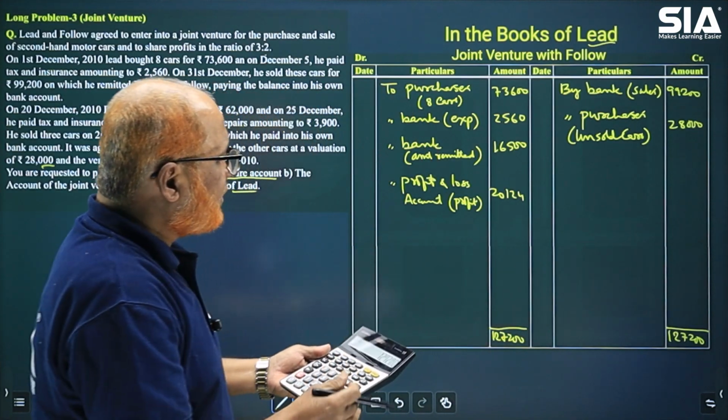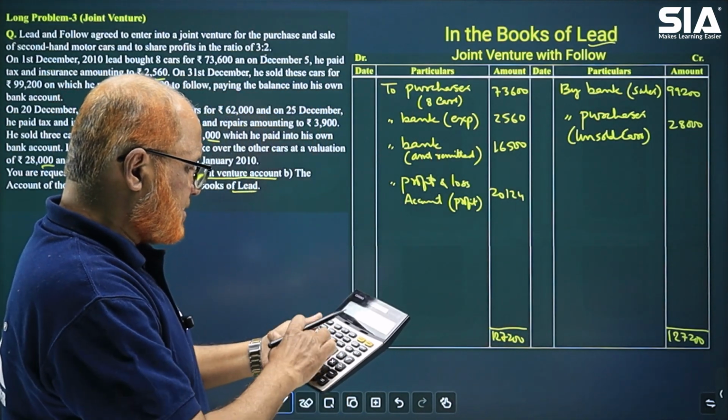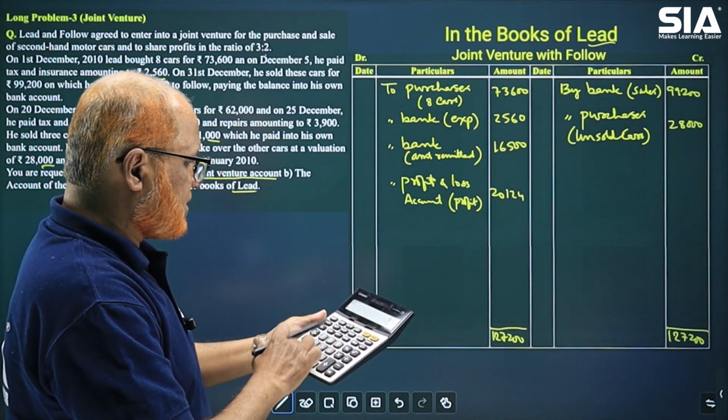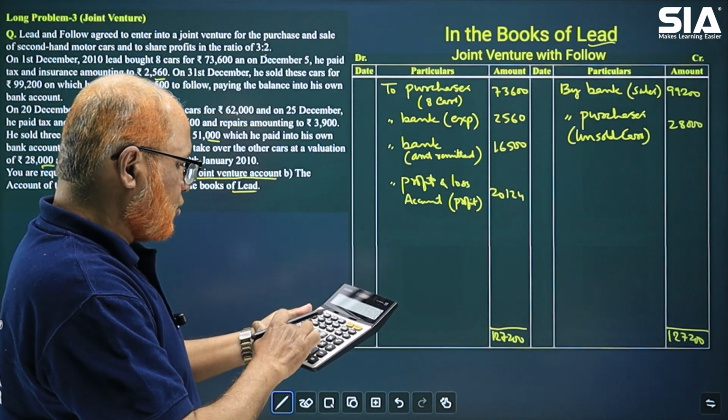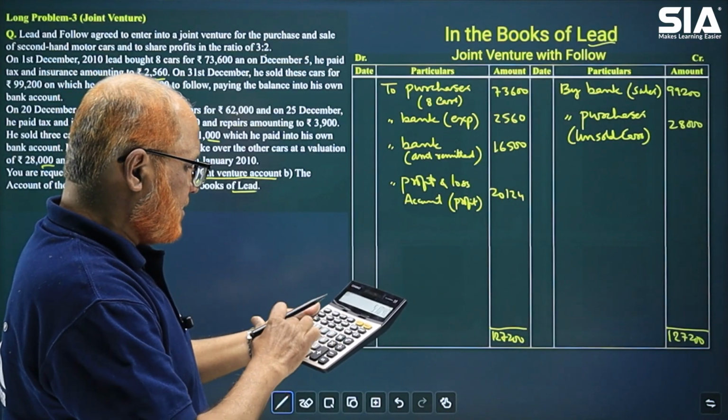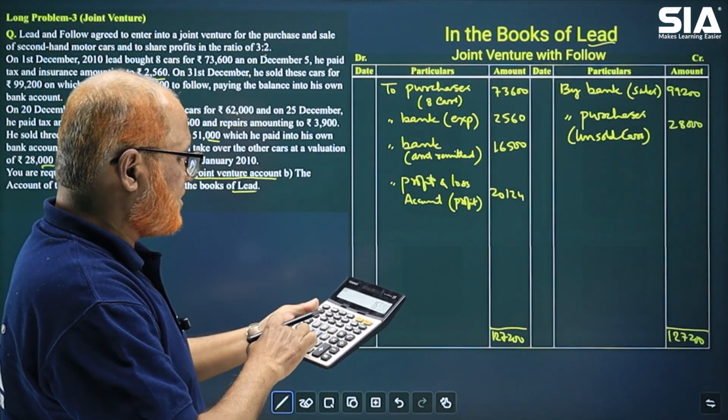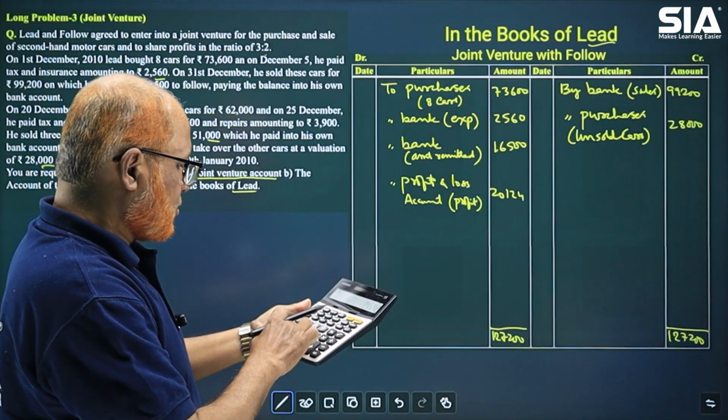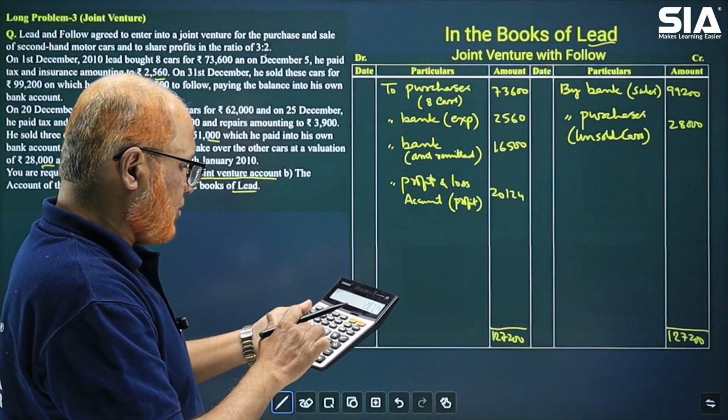Now, out of 127,200 minus 73,600 minus 2,560 minus 16,500 minus 20,124.